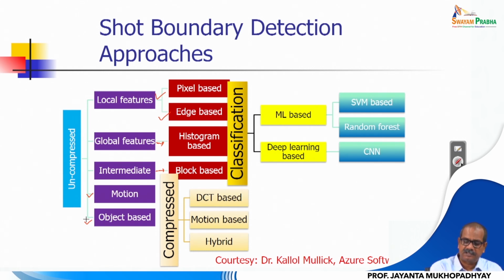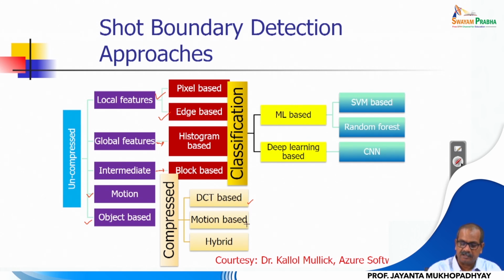Whereas in the compressed domain, as we discussed earlier, you can work directly with the transform coefficients to design algorithms and detect the shots. It could be DCT based representation as a popular transformation.